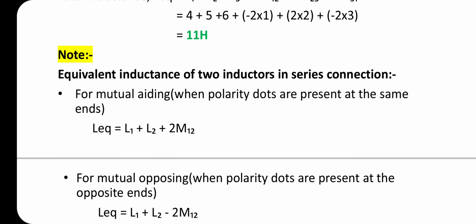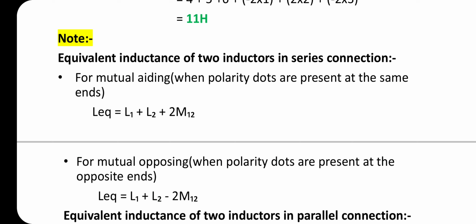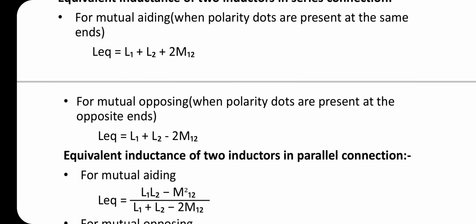Note: equivalent inductance of two inductors in series connection. For mutual aiding, when polarity dots are present at the same end, L equivalent equal to L1 plus L2 plus 2M12. For mutual opposing, when polarity dots are present at opposite ends, L equivalent equal to L1 plus L2 minus 2M12.